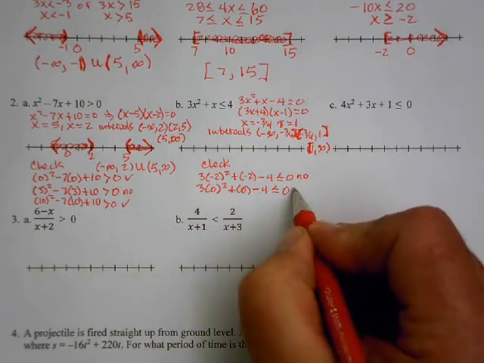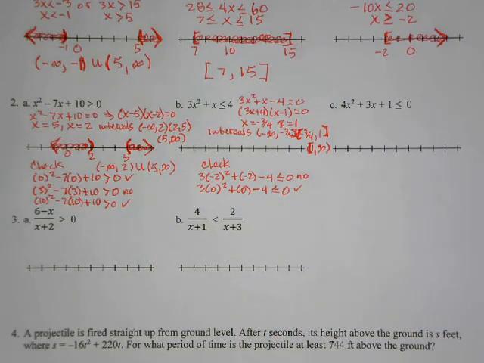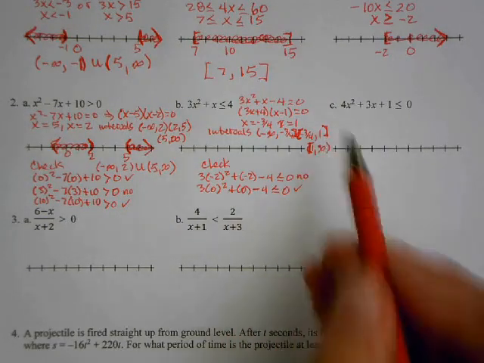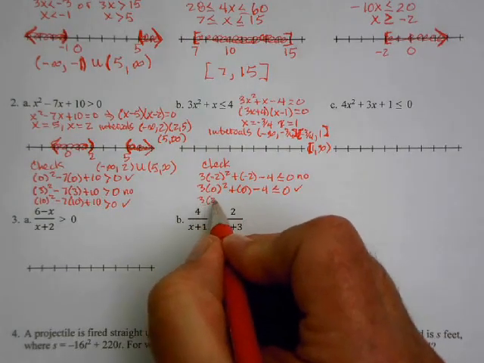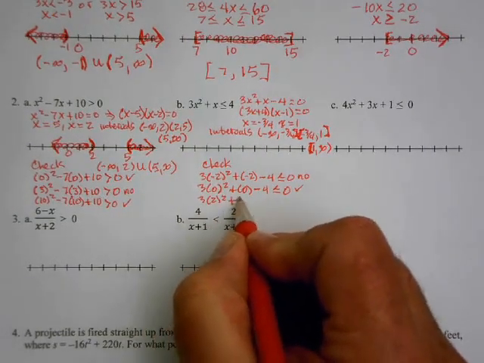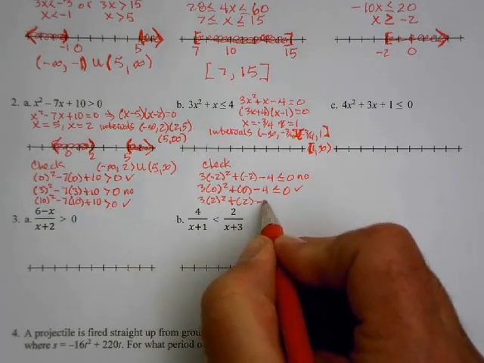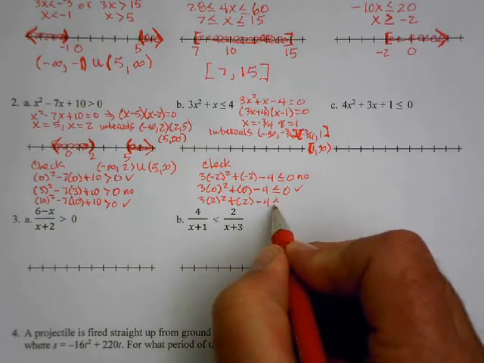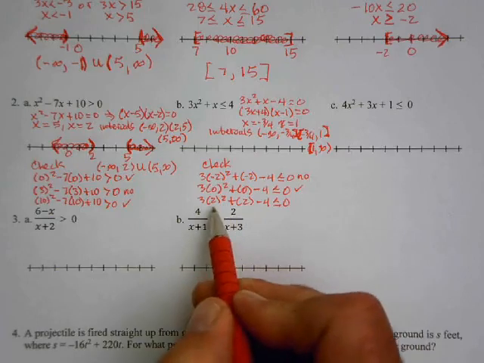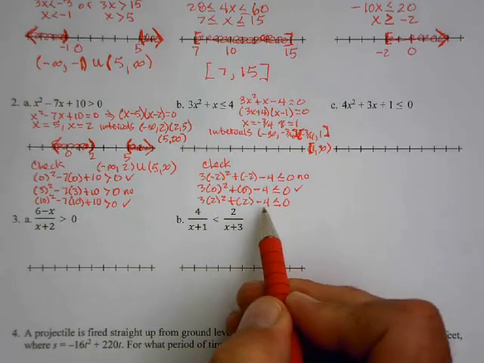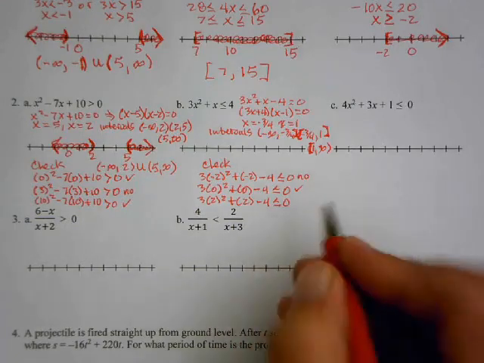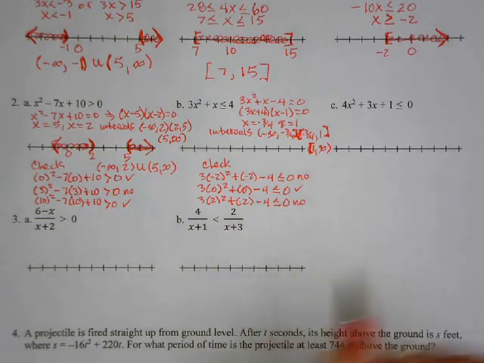And then for something that's greater than the 1, we can do a positive 2. And here, that's again 12, but now it's plus 2, so 14 minus 4 is 10, which is not less than 0, so that one's a no. So only the middle portion is going to work.